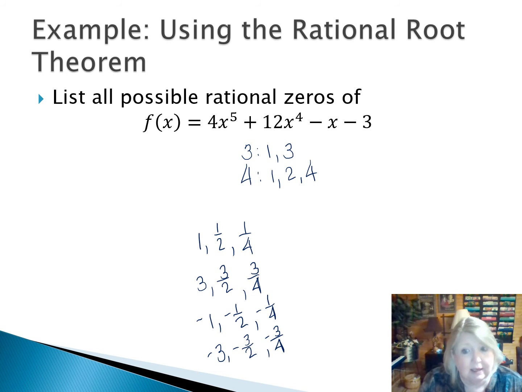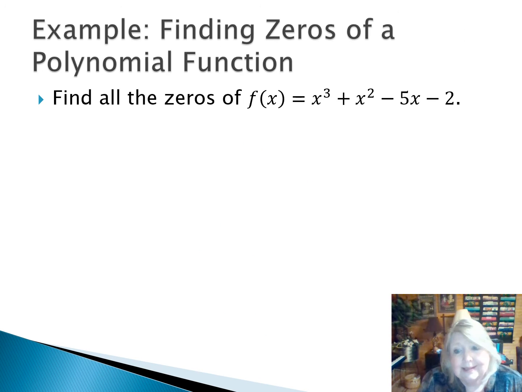So it really has cut it down in my favor if I've got to guess on which one's going to be my first zero. So let's take a look at an example of how the rational root theorem really helps me when I'm looking for zeros of a polynomial.